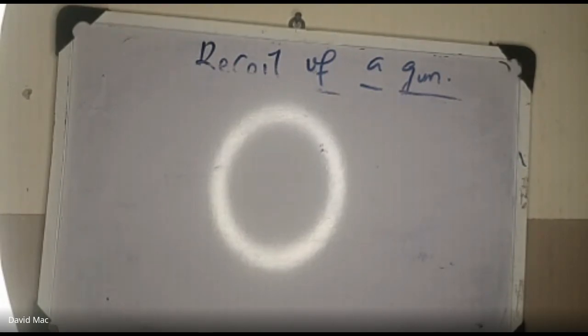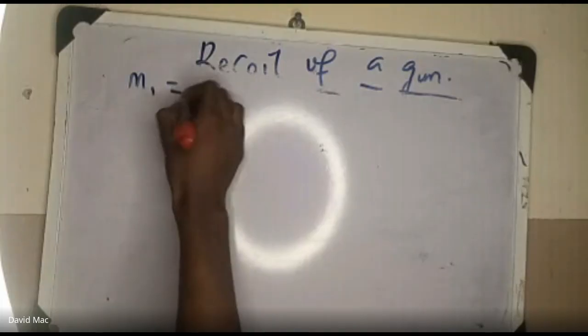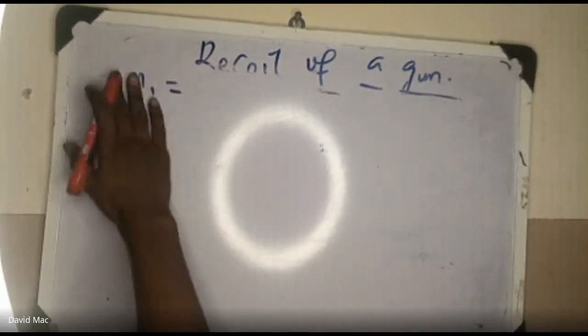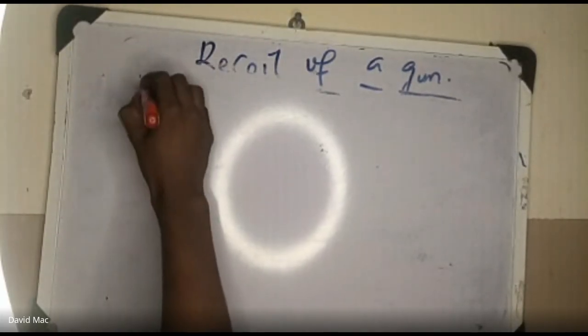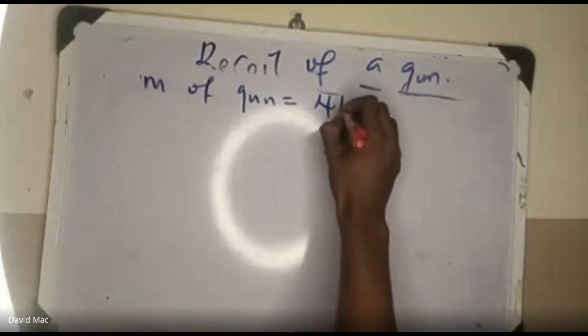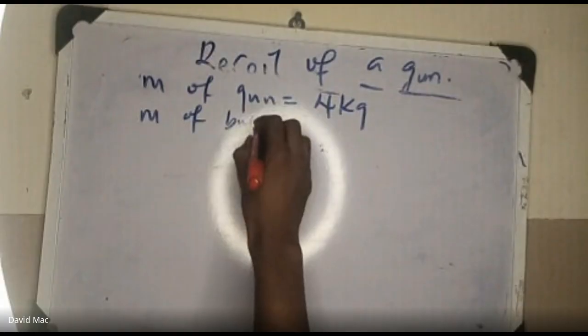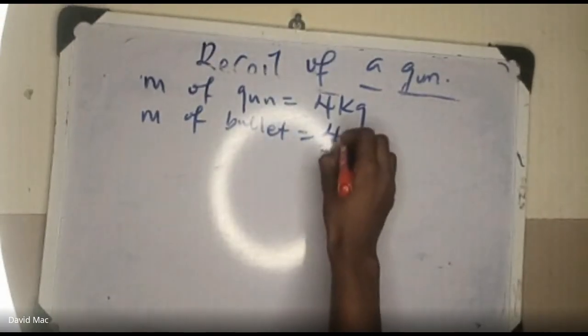They said a gun weighing, so the mass of the gun is 4 kg. Mass of bullet is 40 gram.